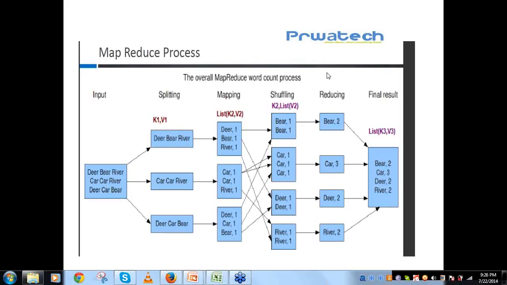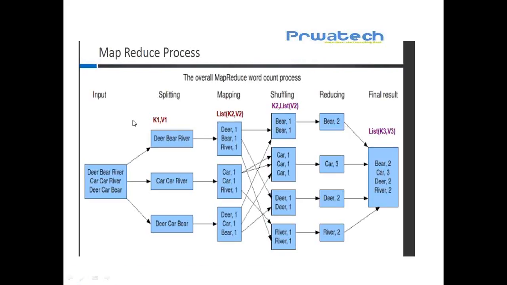This is the mapper class, this is the reducer class. These are the stages we have when we write the algorithm. All these stages come into a MapReduce program. These first stages come under the mapper class, and these jobs come under the reducer class.